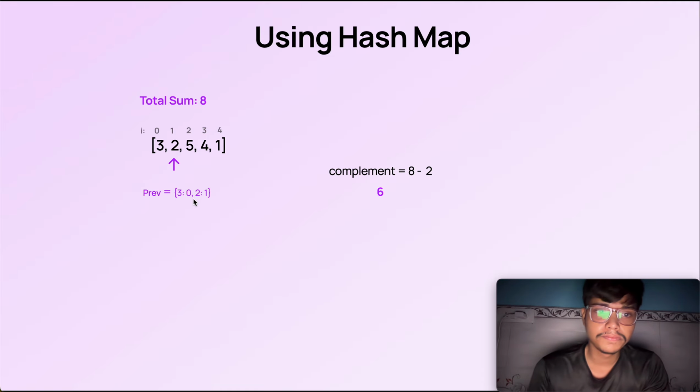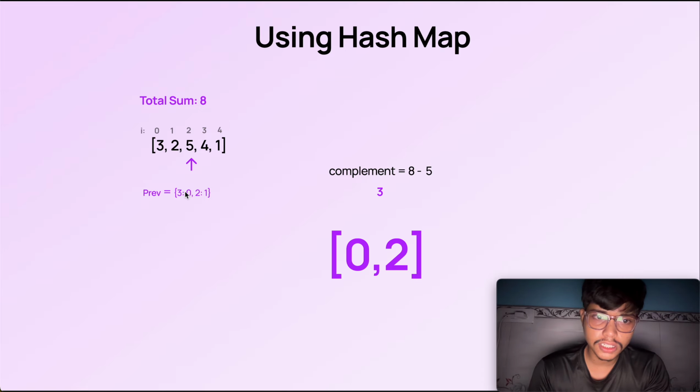So we have stored. Now we go to the next number. We get the complement, 8 minus 5 equals 3. We check, is 3 in previous? Yes, we have found a 3, right? So basically we need to get the indices for the pair.